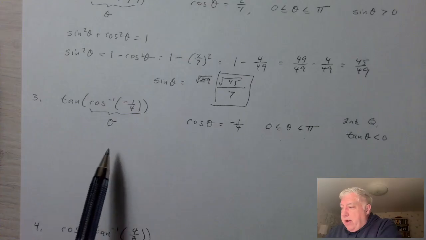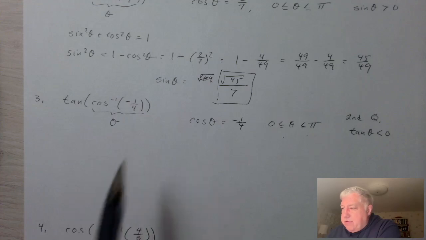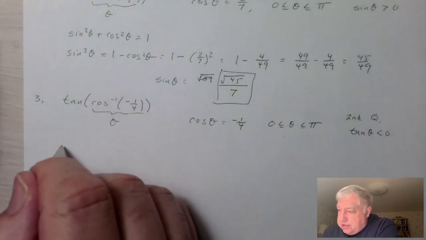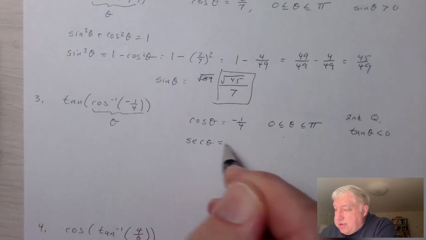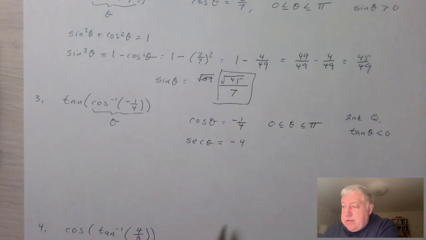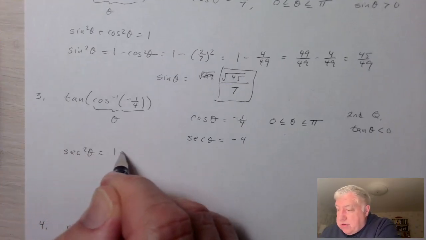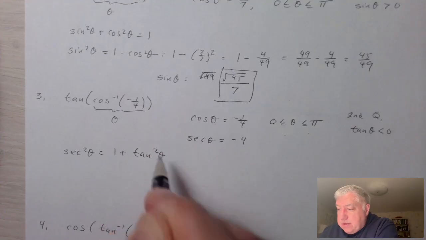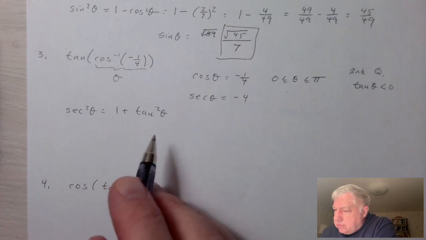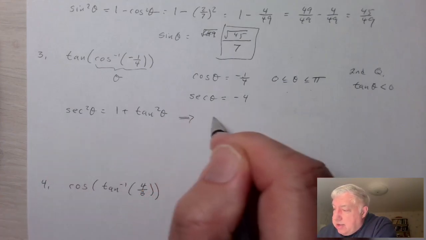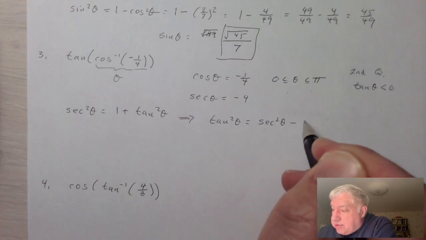So probably the easiest way to do this directly is, we know the relation between the secant and the tangent. The secant of theta, of course, is going to be the reciprocal of the cosine, so that will be negative 4. And since the secant squared of theta is 1 plus tangent squared of theta, we can say tangent squared theta is secant squared of theta minus 1.